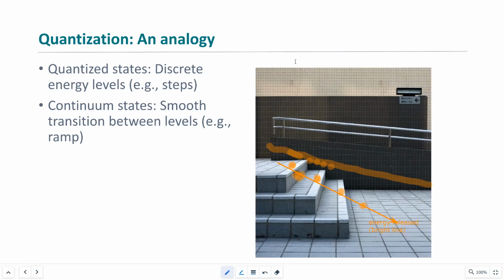Whereas the dark lines were going the opposite direction. We're going up the stairs. In that case, the atom is absorbing energy. As it absorbs that energy at that particular frequency, it's going to show up as a dark line instead.